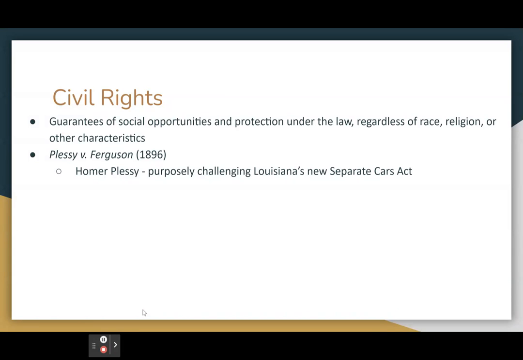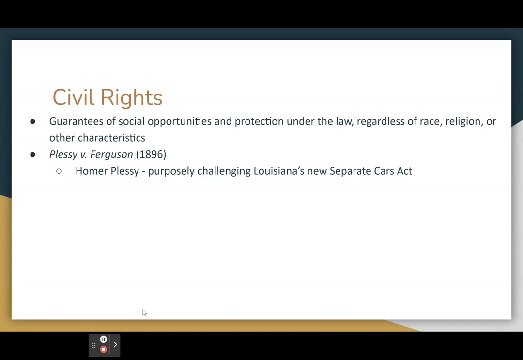And the Separate Cars Act was specifically for railroads. The trains had just established for their passenger trains this new rule where railroad cars would be created just for black passengers. So they would have white passengers only cars and black passengers only cars.